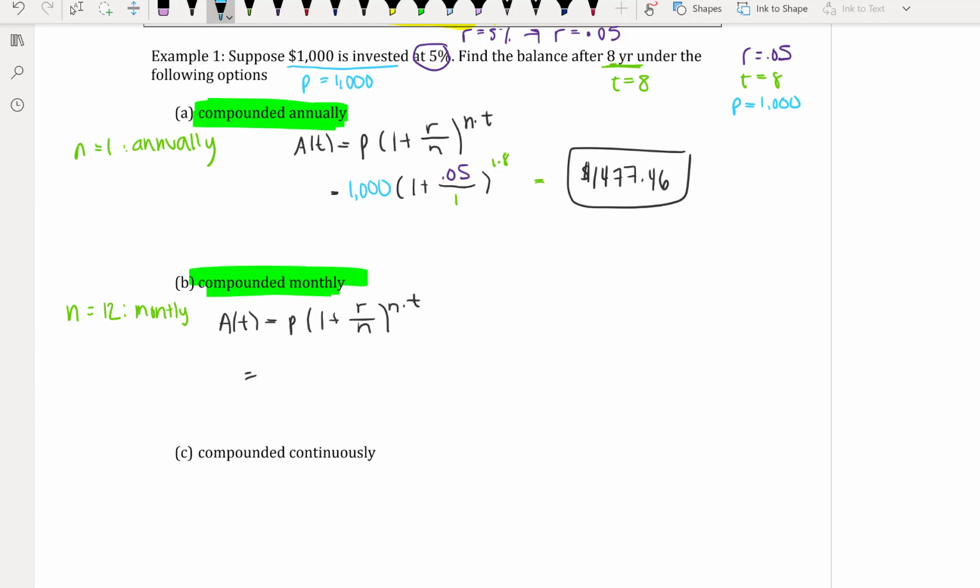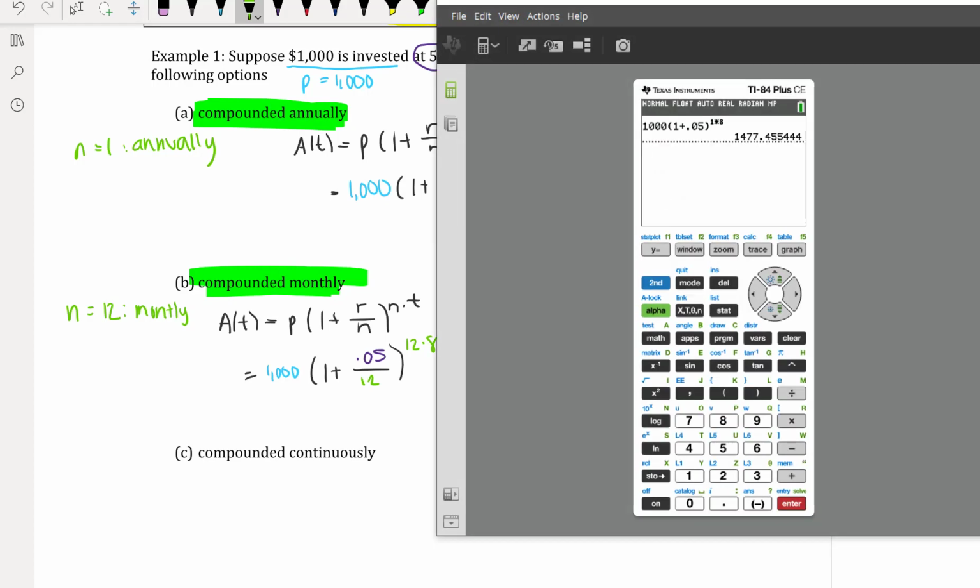So I have my principal amount, which is my 1,000, times 1 plus my r value is still the same, that's still 0.05. My n value here is 12. So I'm going to have n, which is 12, times my t, and my t is 8. So again, I'm going to plug that into my calculator.